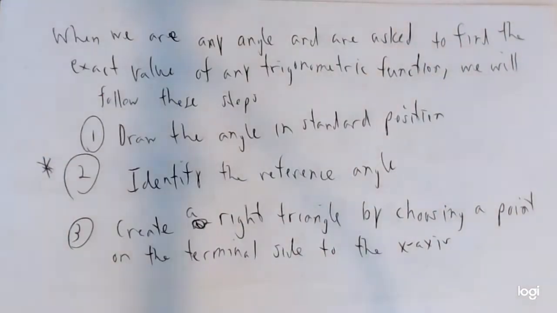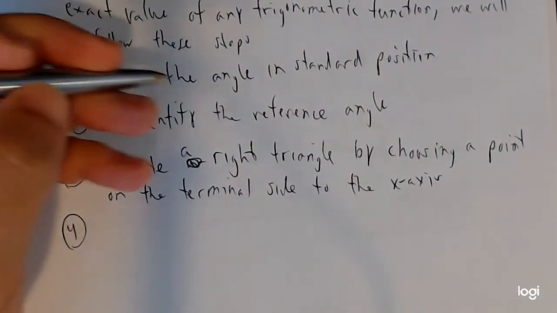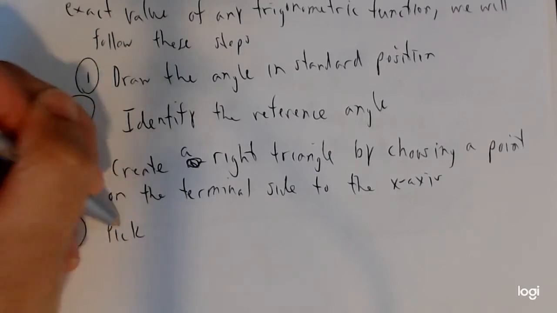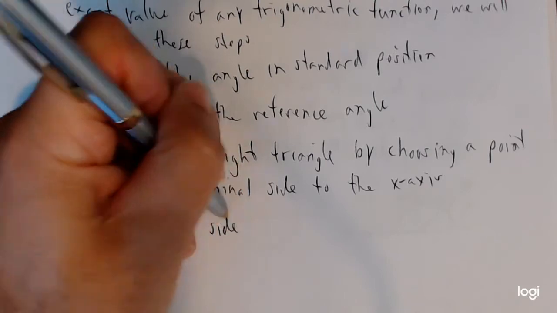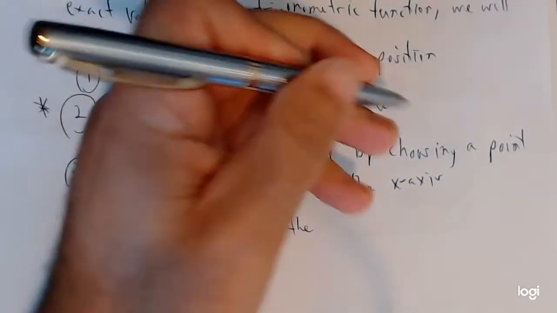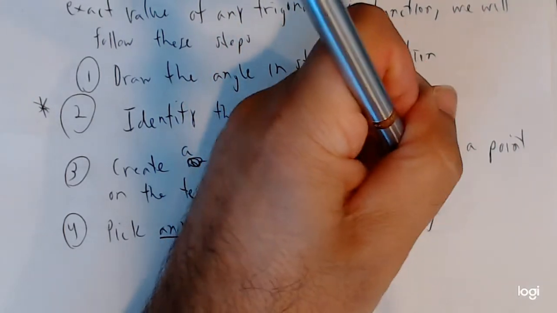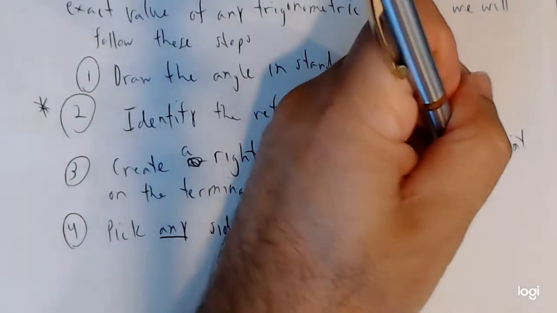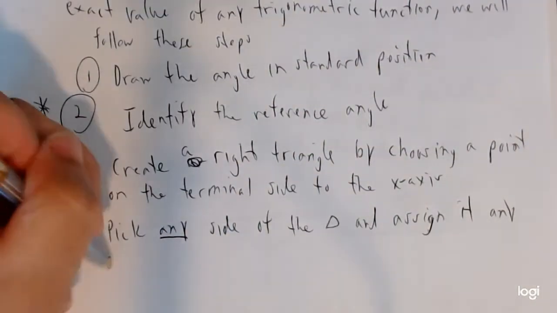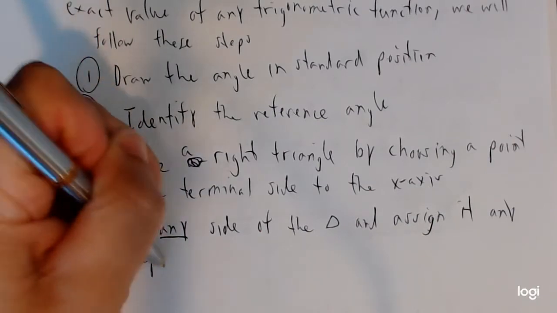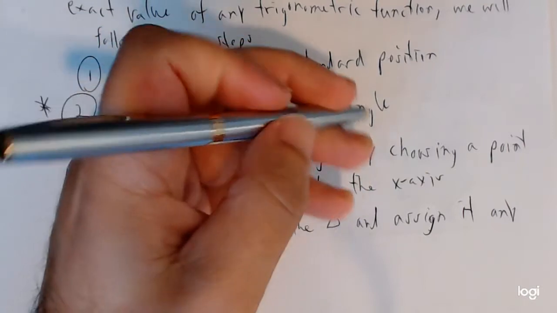If you remember, we were creating right triangles, so same thing as before. And then we pick any side of the triangle and assign it any appropriate value you would like.